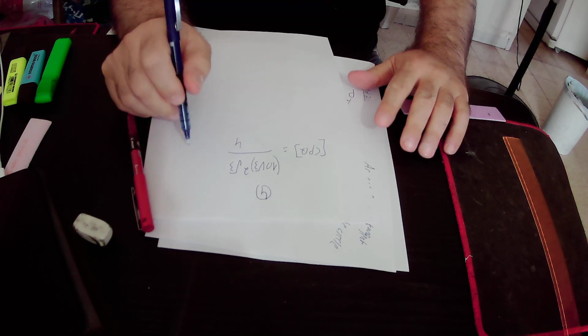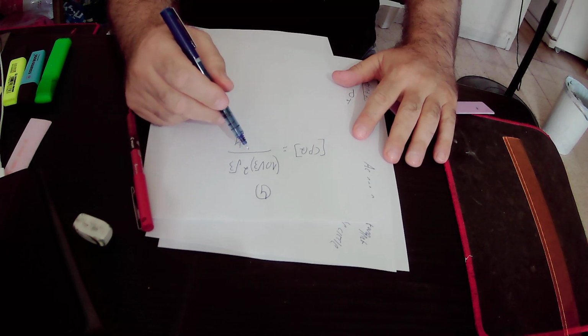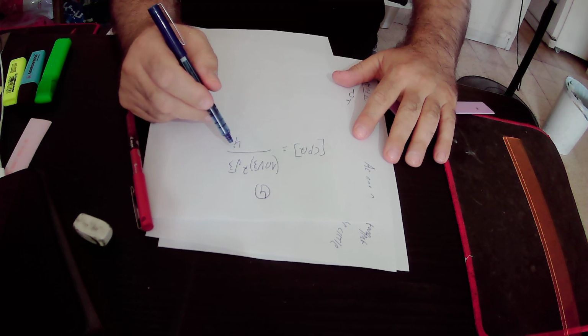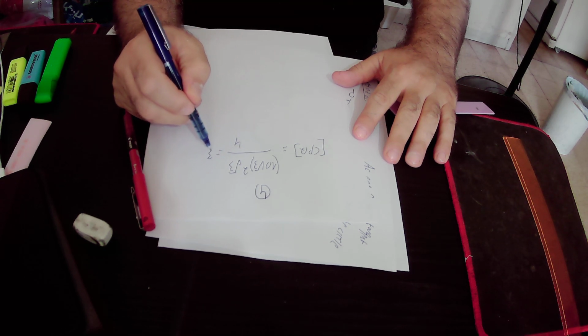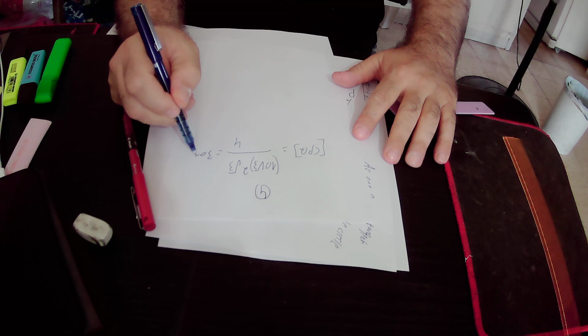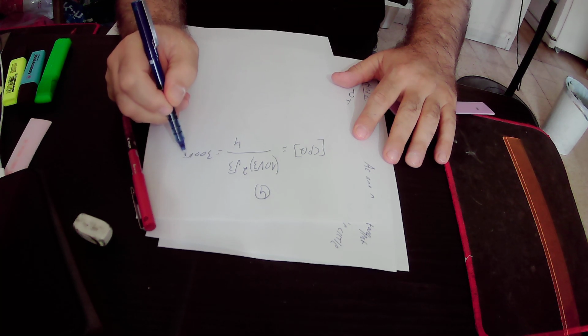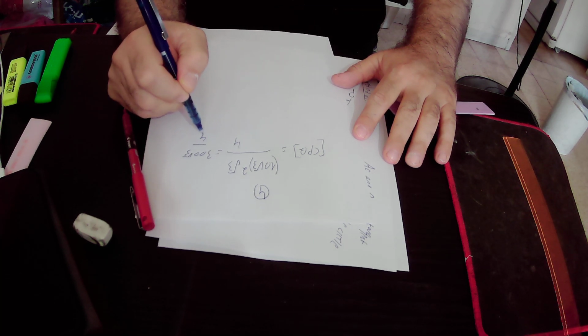That is to say, 10 times root 3 squared is 300, times root 3 over 4.